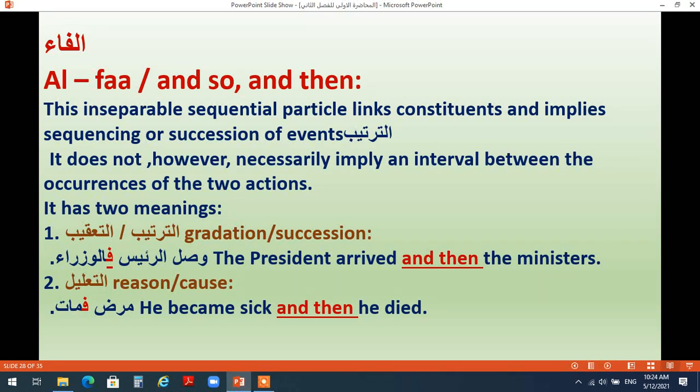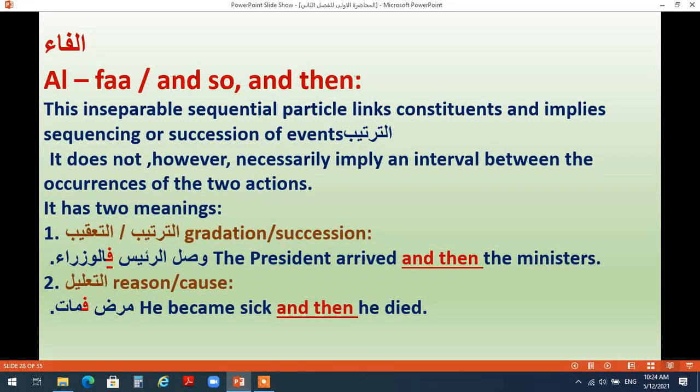Now نأتي إلى الفاء. It can be translated into and, so, and then. This inseparable sequential particle links constituents and implies sequencing or succession of events. إذن دائما نستخدم الفاء للدلالة على الترتيب أو حين نربط بها الجمل معناها هنالك ترتيب معين.